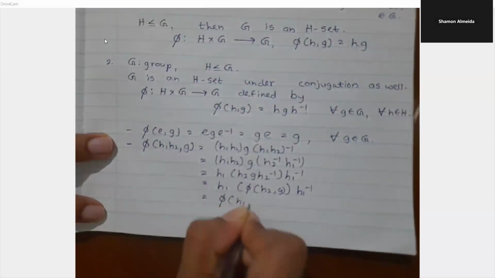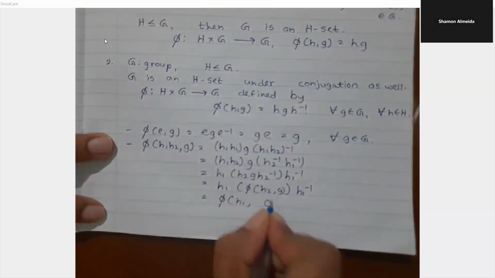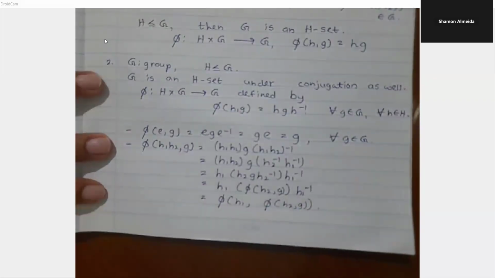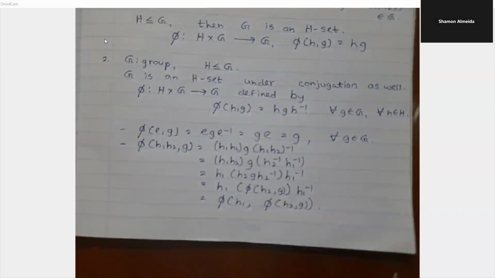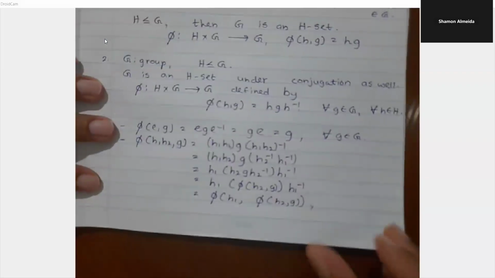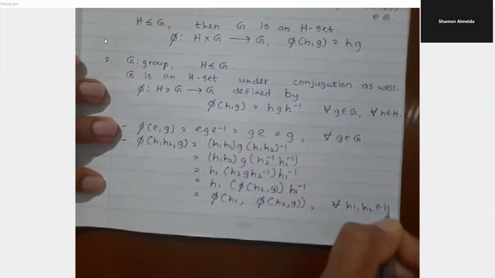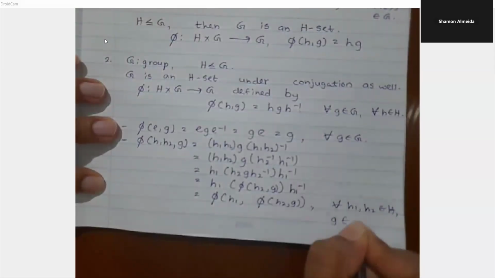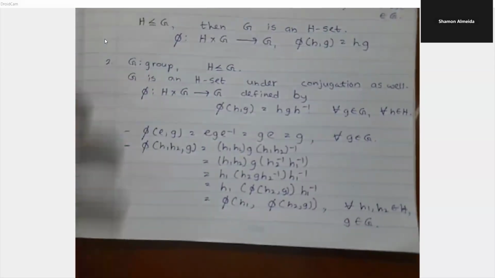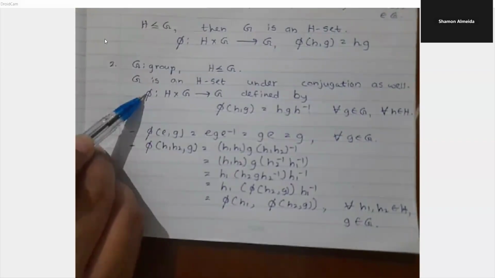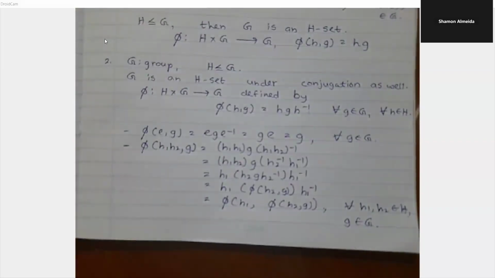Phi of (h1, this element), which is phi of (h1, phi of (h2, g)). Right? This is true for all h1, h2 that you take from the subgroup and g that you take from the group. So the two conditions are satisfied. This mapping that you see over here is indeed a group action. Okay.